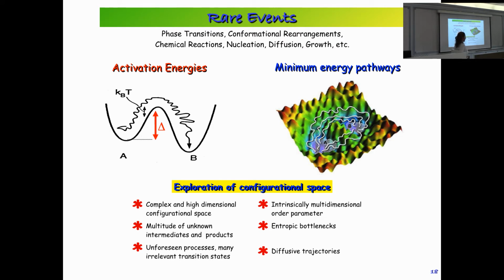There are also considerations in terms of entropic bottlenecks: maybe the barrier is quite small, but to get there you have to go through a very narrow path, and it is improbable that the MD finds this narrow tunnel, so it's kinetically difficult to obtain configurations that go through this channel.